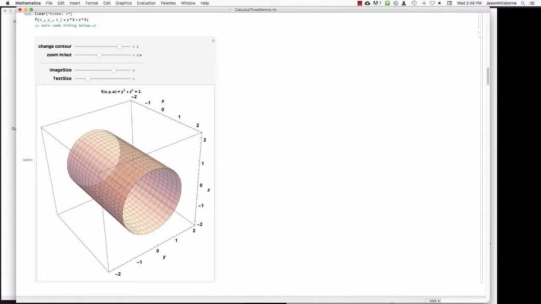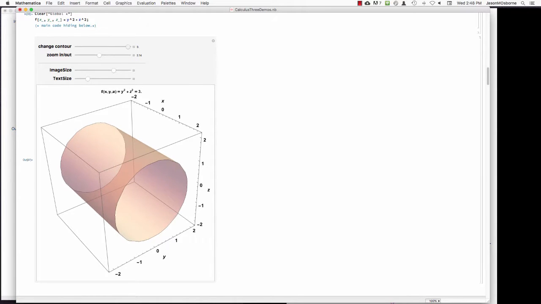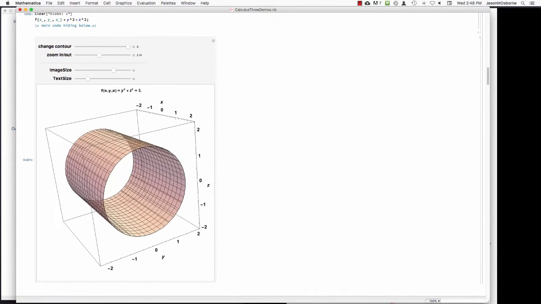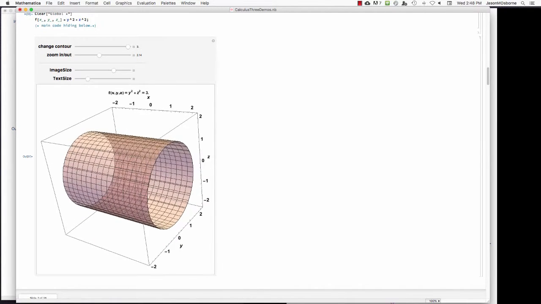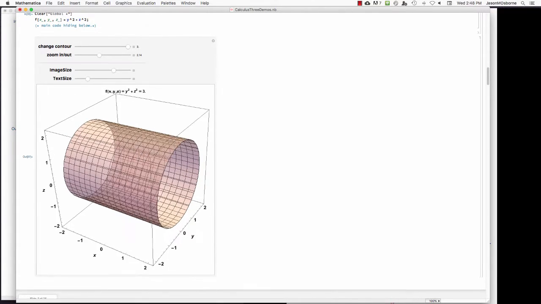Those are all the points that are at the same temperature, 2. Change to a contour temperature 3, and everything on a larger cylinder is at temperature 3. So this is the t equals 3 contour surface of the temperature function.